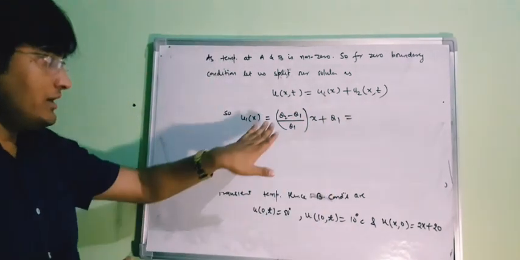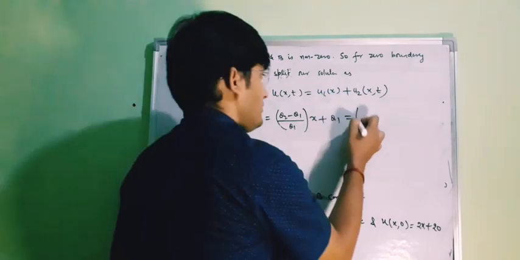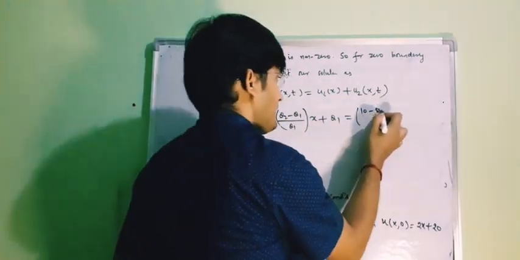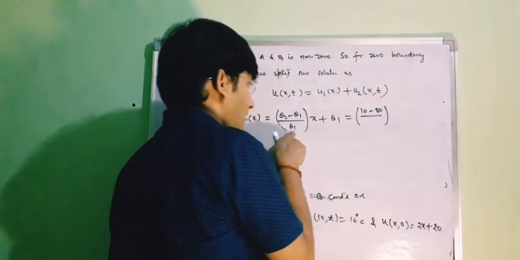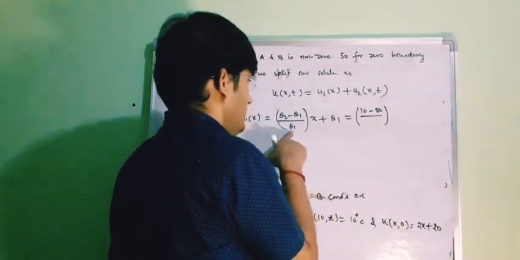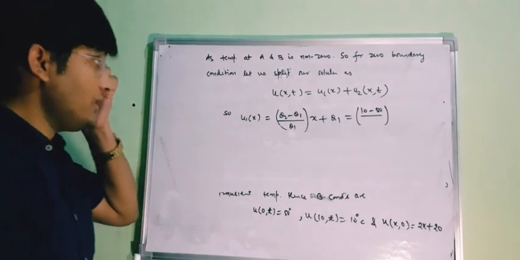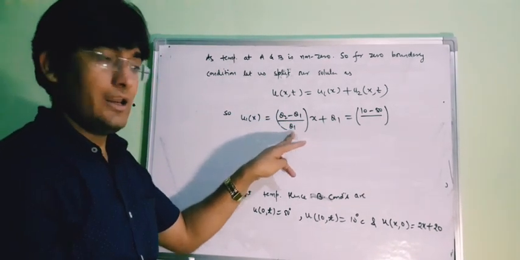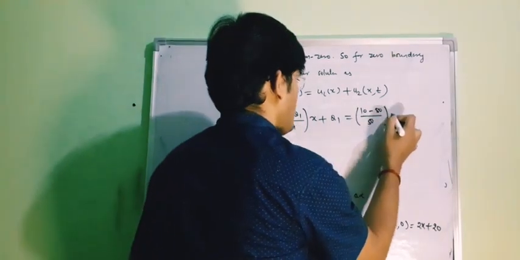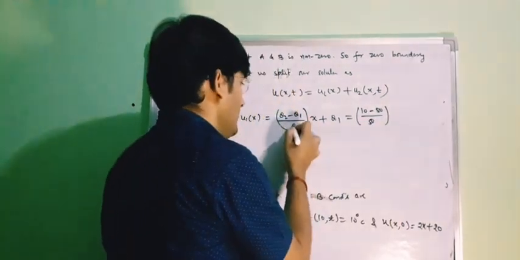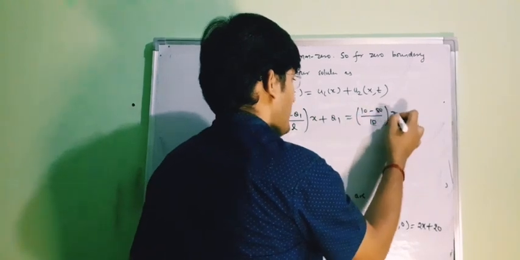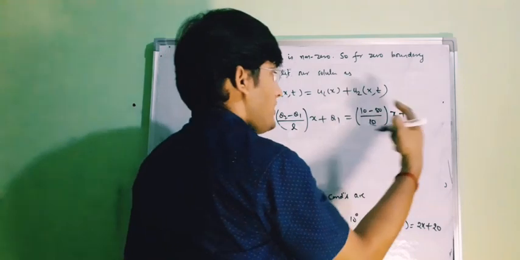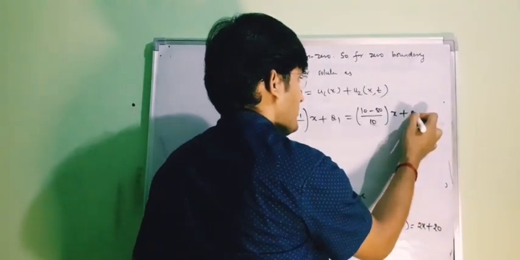Now the temperature at B is 10 and the temperature at A is 50, so this is (10 minus 50) divided by L, which was 10, into x plus the temperature at A, which was 50 degrees centigrade.